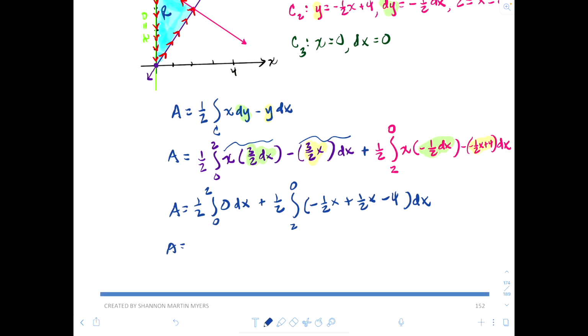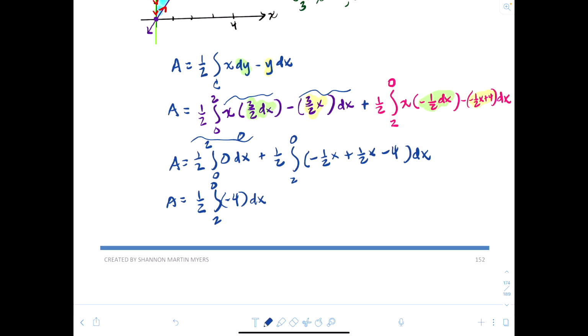Well, that's going to simplify to be 1/2 times this one totally zeroes out, right? And then these guys zero out, so we'll end up just having the integral of 1/2 from 2 to 0 of -4 dx. So if I factor out the -4, I would have -2 integral 2 to 0 dx.